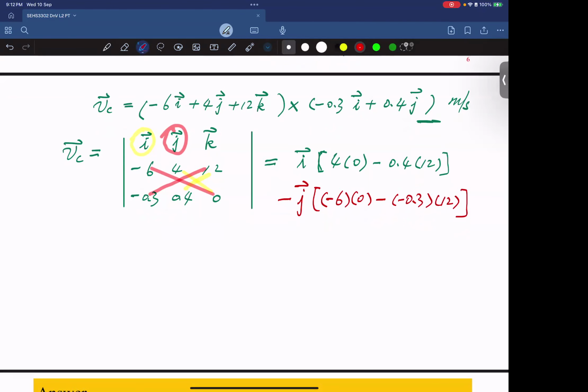The K component is positive. You must use this cross. Therefore, for the K component you have plus K, and then negative 6 times 0.4 minus 4 times negative 0.3.